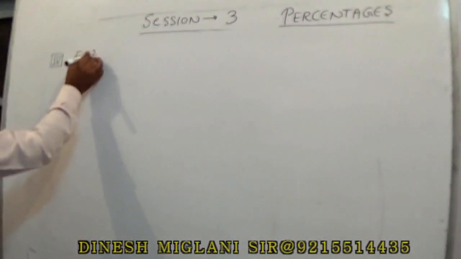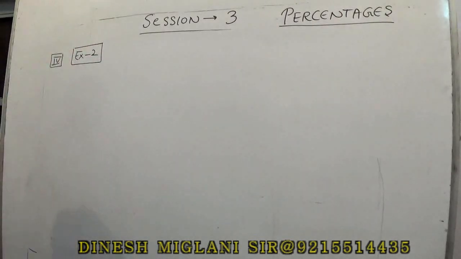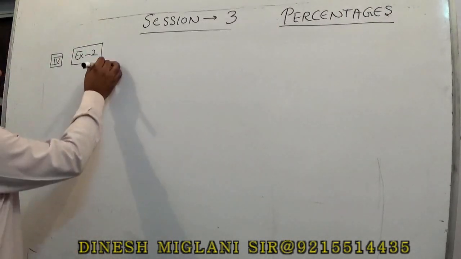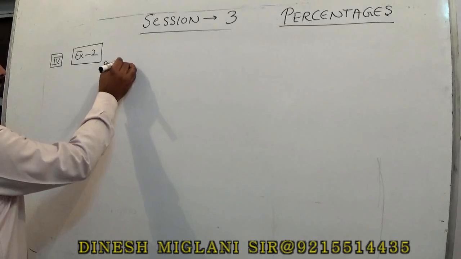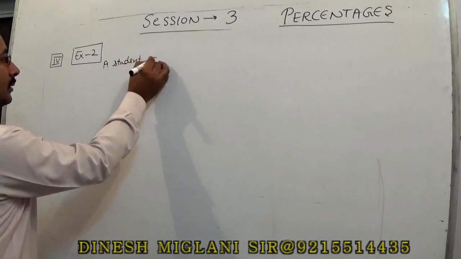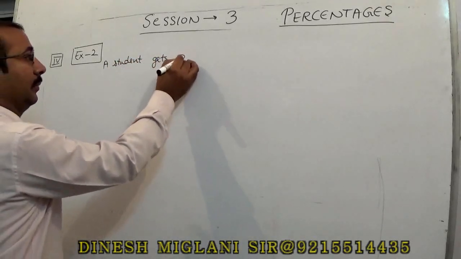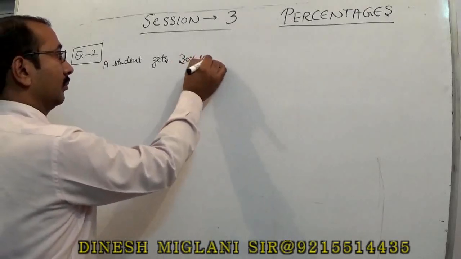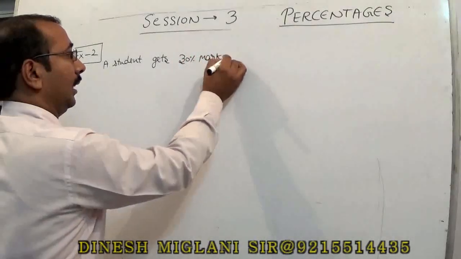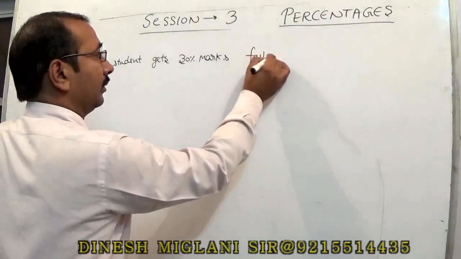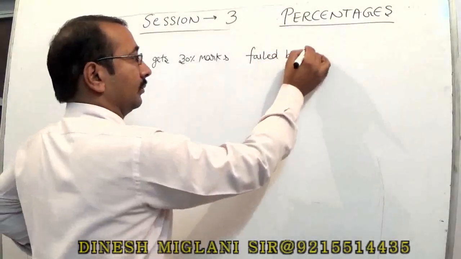We will take one more example. It is given that a student gets 30% of marks and he fails by 10 marks.